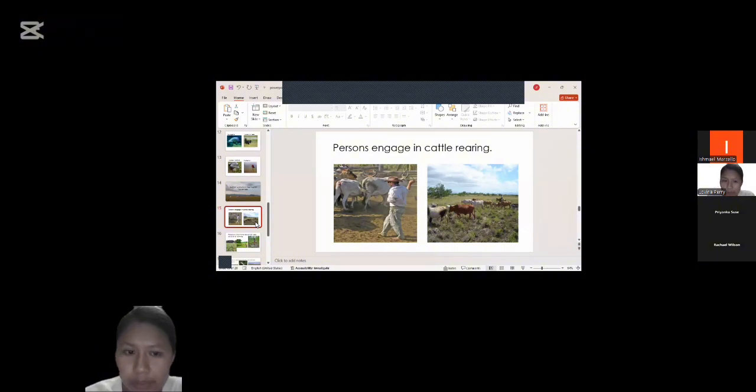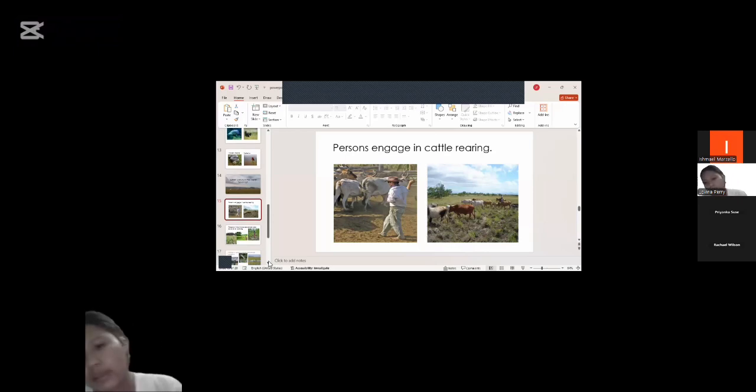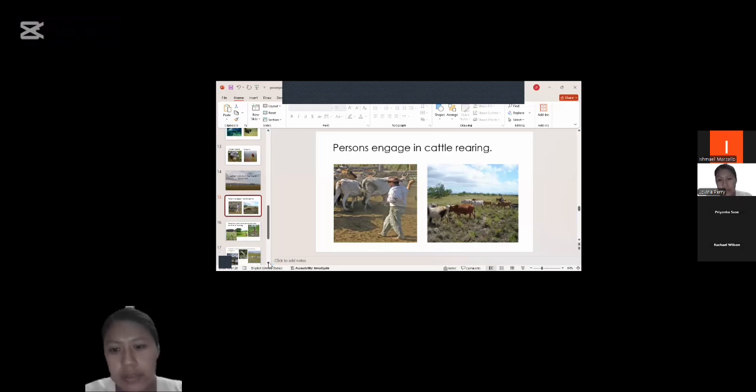They are called vaqueros. Excellent, right? And these persons work where we have ranches, for example the Dadanawa ranch that we have in the South Rupununi. Some of these vaqueros may be from those same ranches, right? And in this picture we are seeing that they are doing their work, rounding up cows.